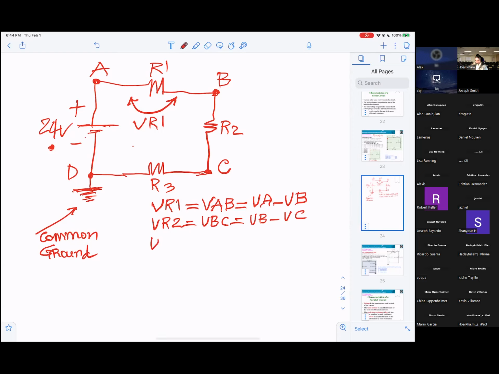VR3 is VCD, from C to D. That's very, very basic. You must memorize it. If I say VAB, what does that mean? VA minus VB. Okay? VBC means VB minus VC.